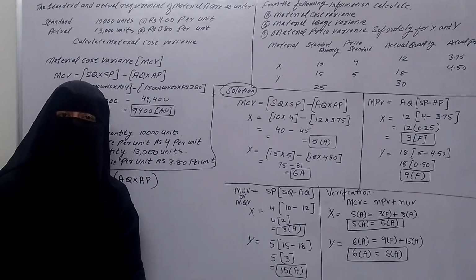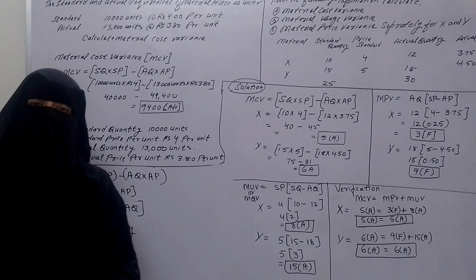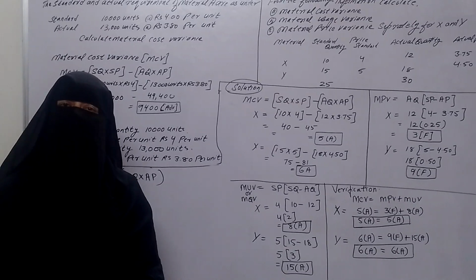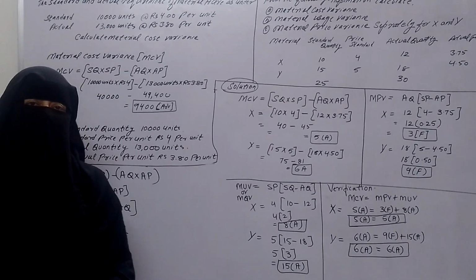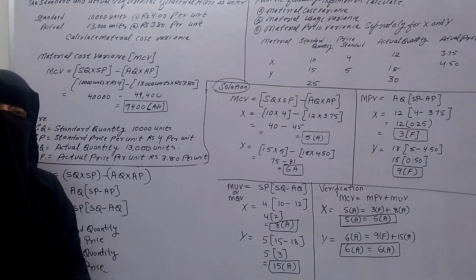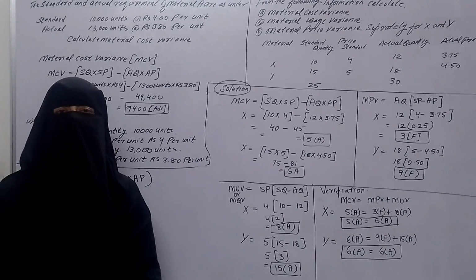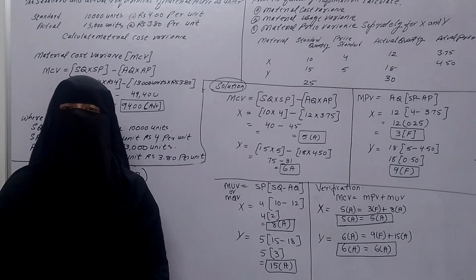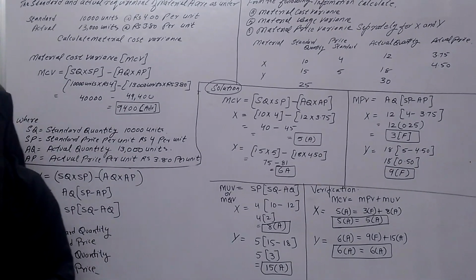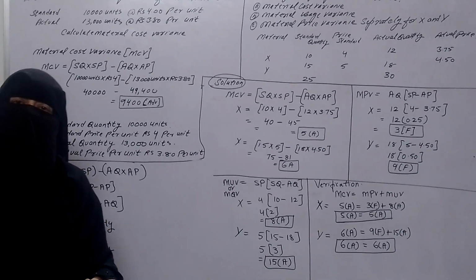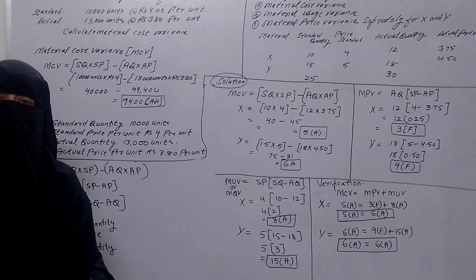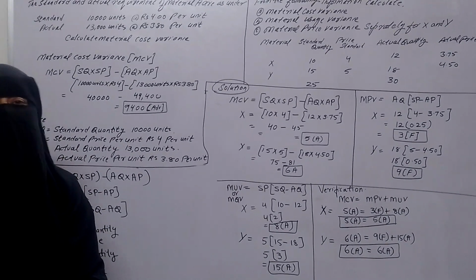But before that you should know what standard costing and standard cost are. Standard costing is a technique of finding the standard cost, and standard cost is the cost which we calculate in advance, a predetermined cost.